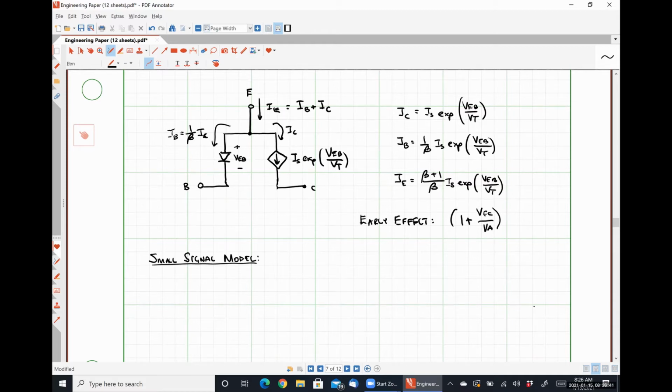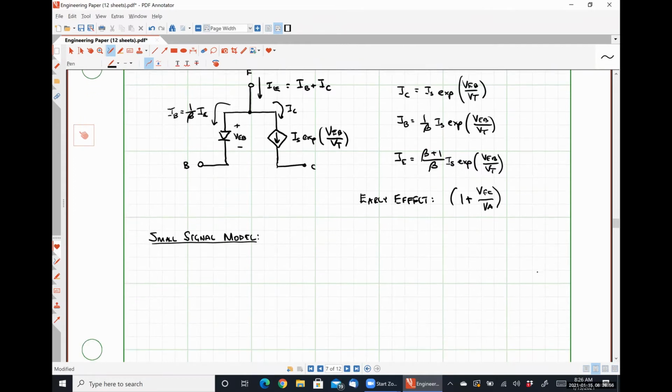So let's take a peek at this small signal model real quick. In Prashana's notes, he has it drawn what I would consider wrong the way he's done it.